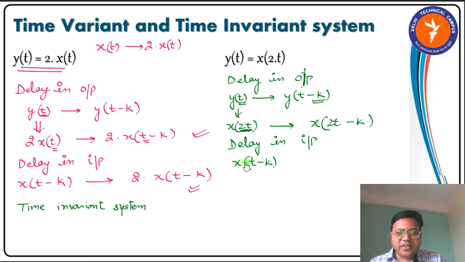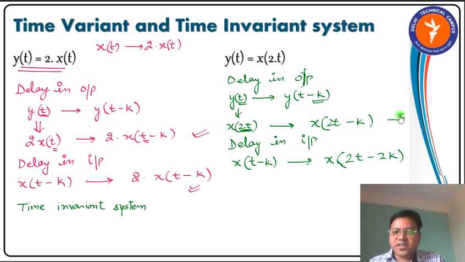Now when I excite the system with t - k, the output should be, I am replacing t with t - k in x(2t). That is, I need to replace t with t - k. So in the output I will get x(2t - 2k).